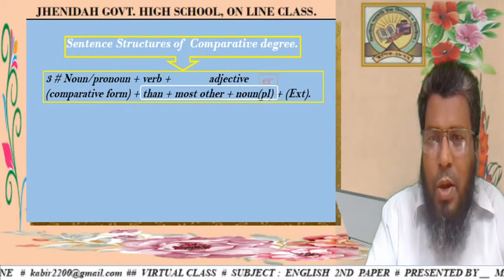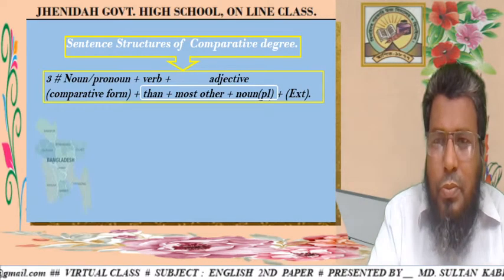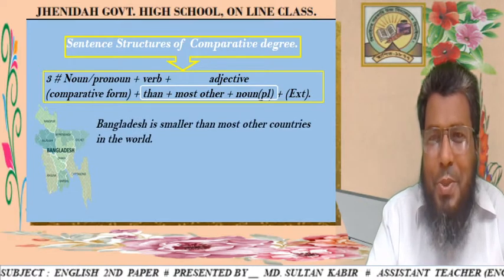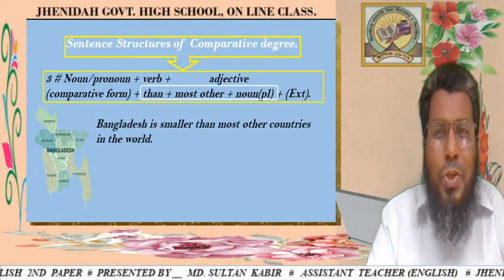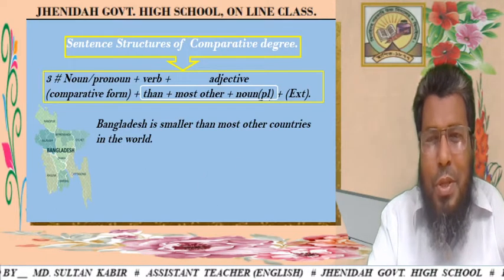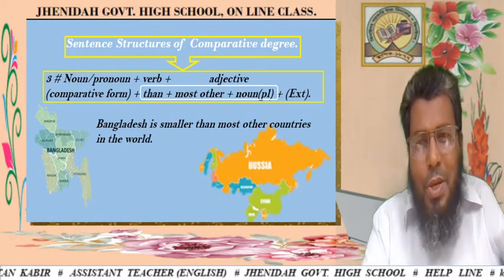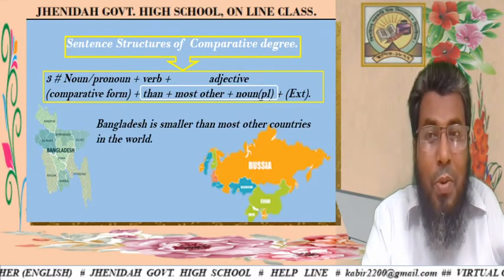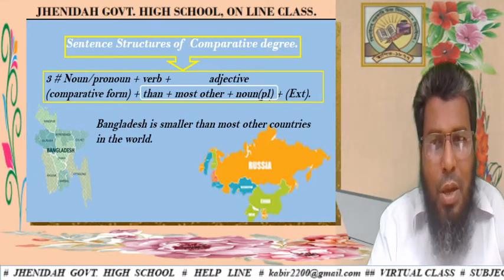Okay, fine. Now look at the example here. This is Bangladesh. Bangladesh is smaller than most other countries in the world. So, then most other, and countries. This is plural.